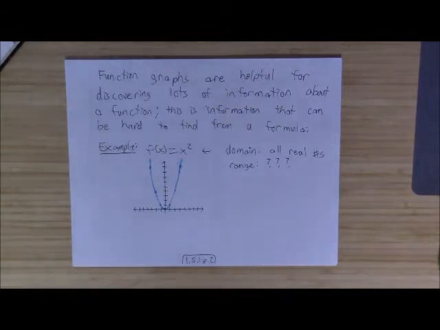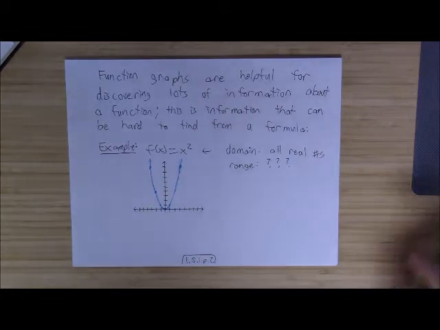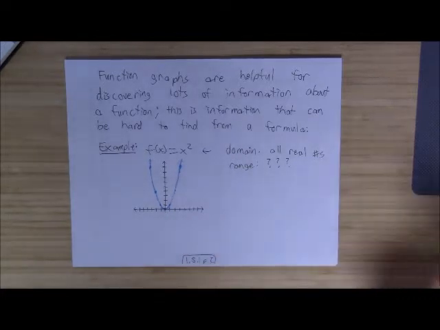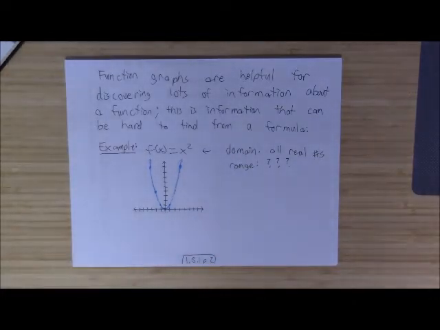Now, function graphs are actually very helpful for discovering lots of information about a function. This is information that can be hard a lot of times to find from a formula. For example, we saw on the last page that f(x) = x squared looks like this. It's the parabola, right? Its domain, we already know, is all real numbers. However, there's another way to see the domain.